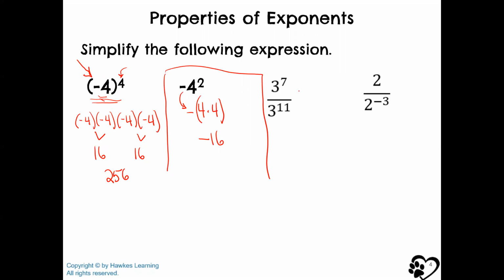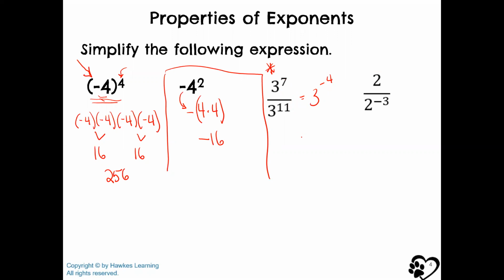All right, and then this problem number 3, or the third one, I should say. Just remember, the rule for division is to subtract. So 7 minus 11, the difference in 7 and 11 is 4, but literally 7 minus 11 is -4, right? So if you subtract, that's correct, but this would not be considered simplified until you have a positive exponent.